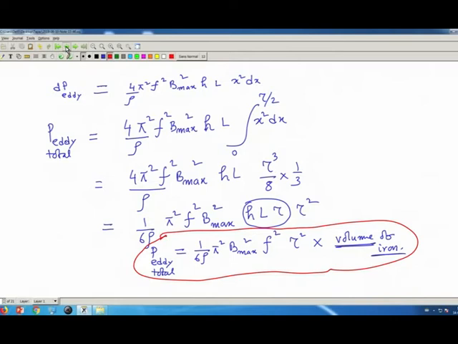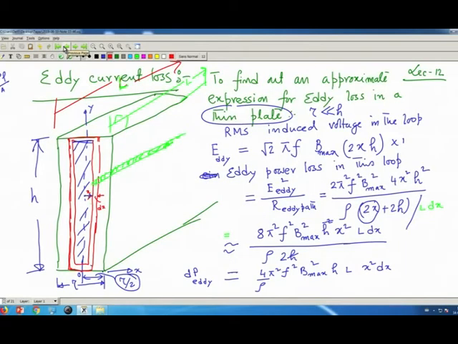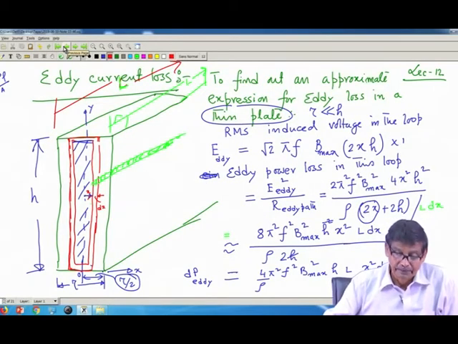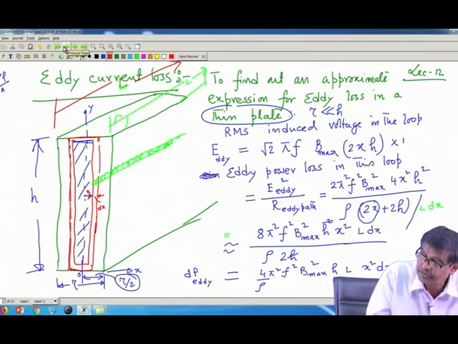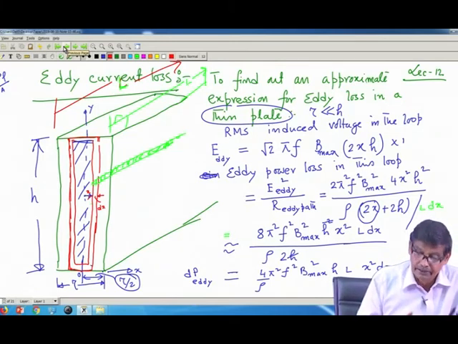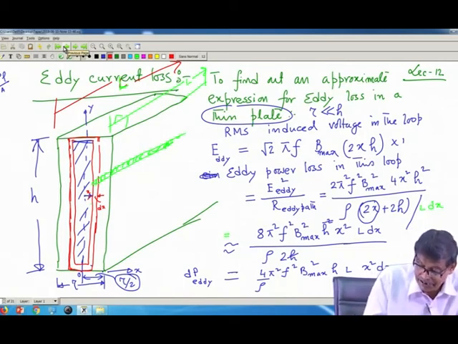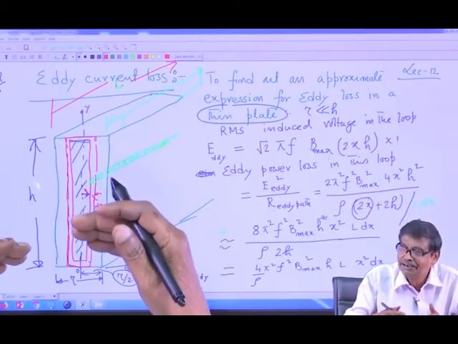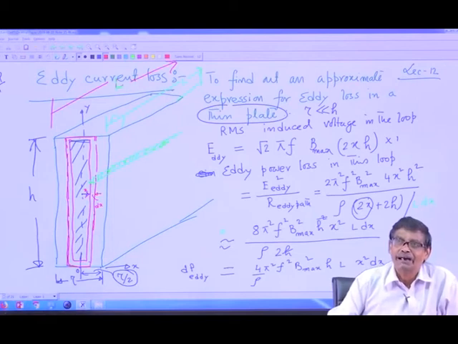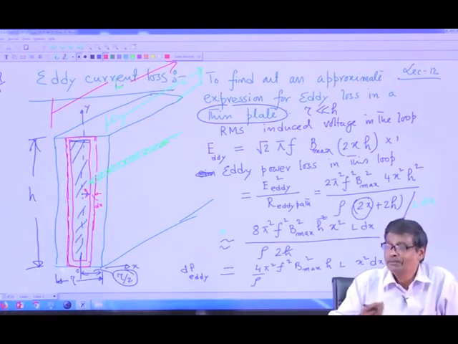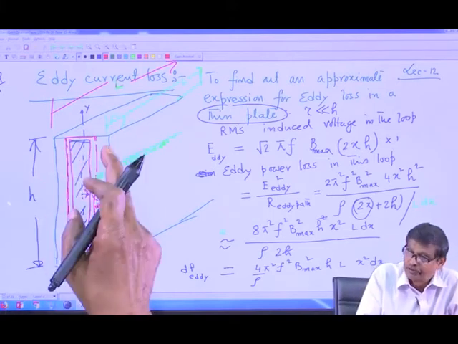Now, going to the previous page, you also notice I have assumed another thing. When I vary x, I have considered the loop not like this, but it covers the whole area, then you are through. But not only that, when x varies, this portion remains the same, as if I have calculated that area many times. But whatever I am estimating, I will be estimating slightly higher, it is no harm. So, there is another approximation.